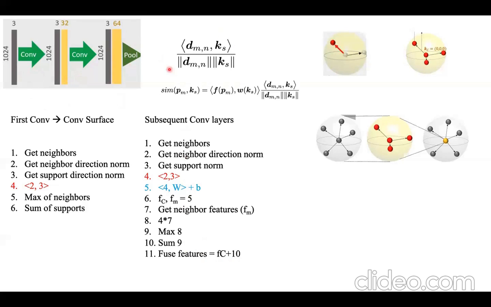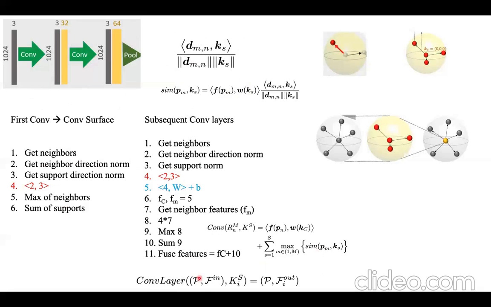As I mentioned, in the first layer only this cosine similarity is processed, but after the first layer we do have features here. So those are used in the cross product for subsequent layers. We saw this equation already. Each convolution layer takes the point cloud as input, and the features.